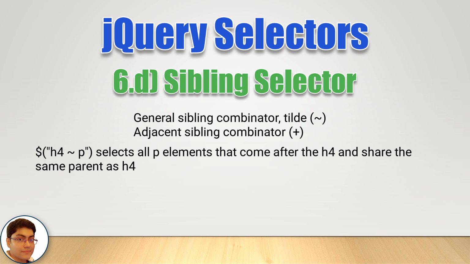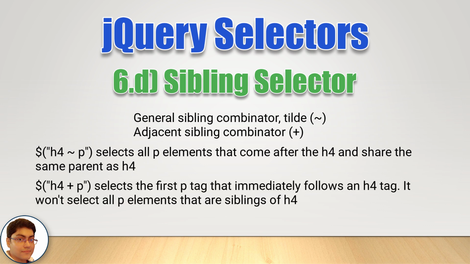The plus combinator, known as the adjacent sibling combinator, selects the next sibling of the current element in the HTML structure. This means that the element must be immediately after the current element in the DOM tree. For example, $("h4 + p") selects the first p tag that immediately follows an h4 tag.